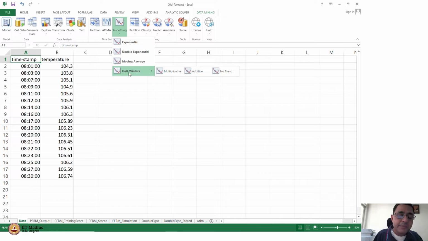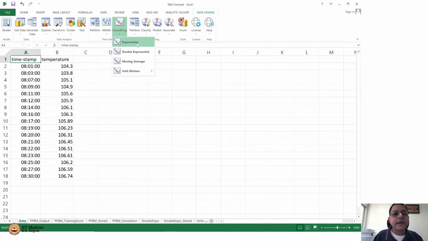We had said some of the time series are multiplicative time series, which means that the trend component and the seasonality component get multiplied to give us the final value. Sometimes the time series are additive time series, and therefore the individual components get added up to give us the final value. So depending on whether our time series is multiplicative or additive, we can run these Holt-Winters models, right?